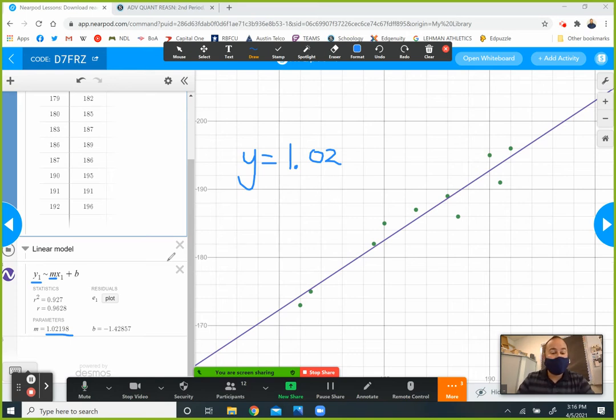All right. I got to write x next because x is part of my equation. So 1.02x. And it says plus b, but what do you notice here? B is negative. So instead of a plus sign, I'm just going to write it as a minus sign. If b was positive, I would leave it as a plus.